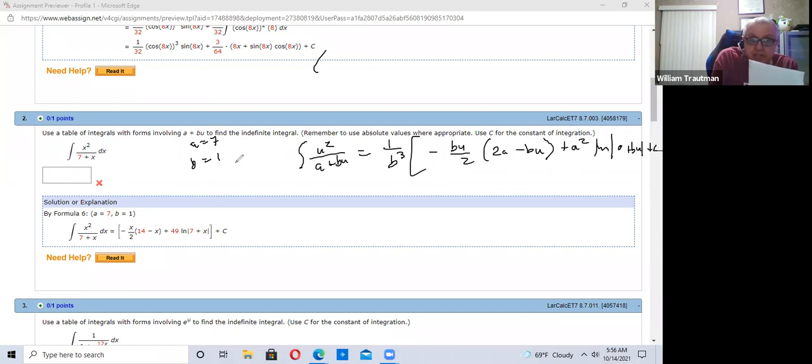So we know a is 7, b is 1, and u is x. So b is 1, so this just ends up being 1 over 1.